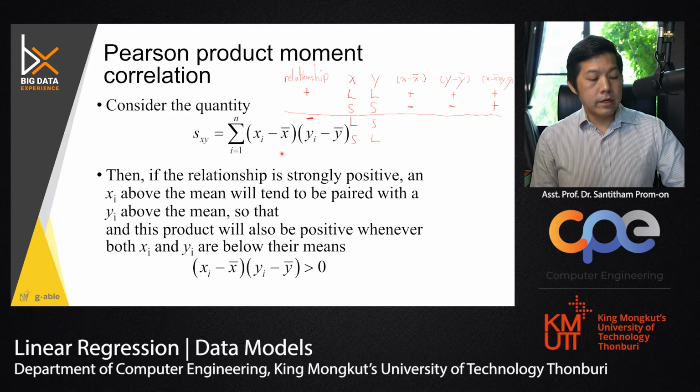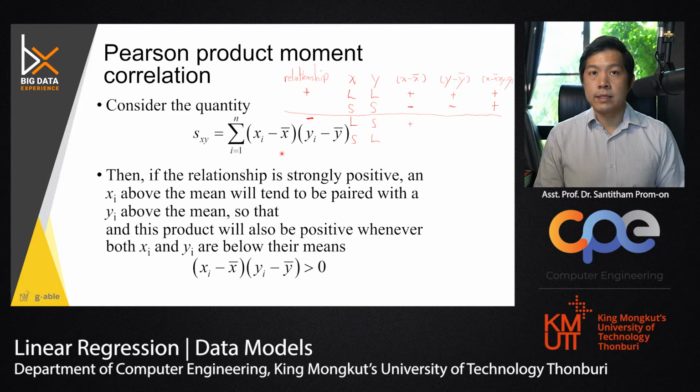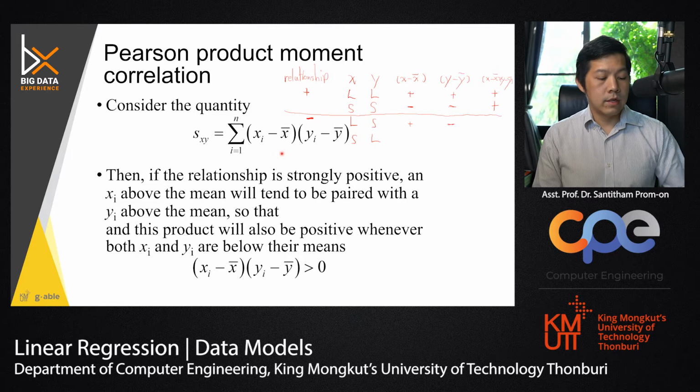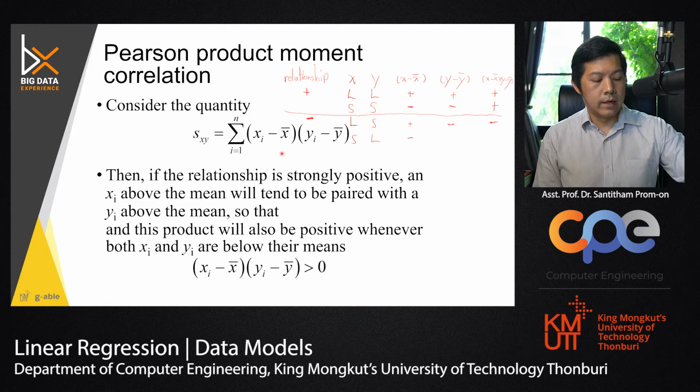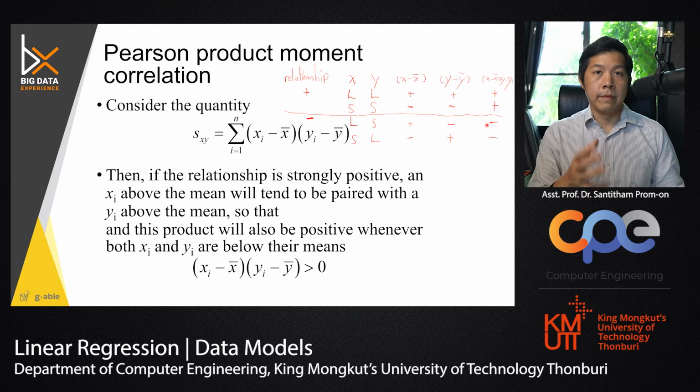Then large x would have a positive amount in x minus x bar, small y has negative values, and the multiplication results in a negative value, right? And the same goes for this one as well. And when you sum the values of all terms, you would have the total value toward the minus sign.